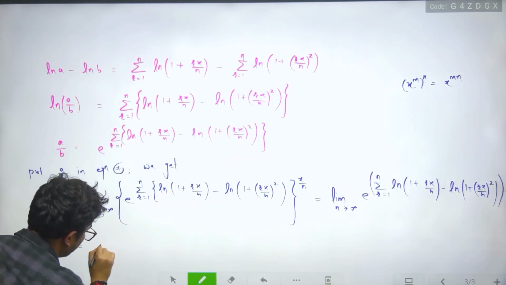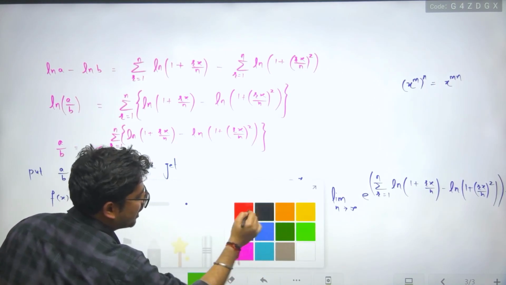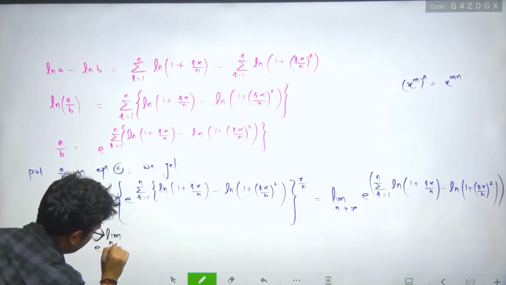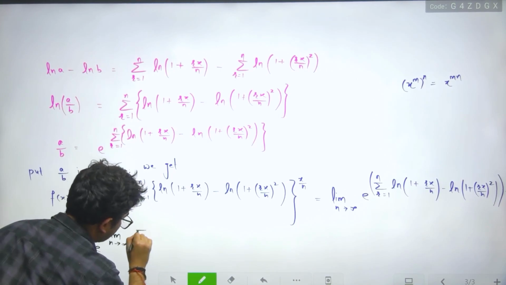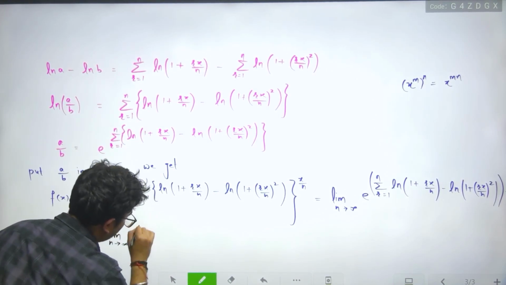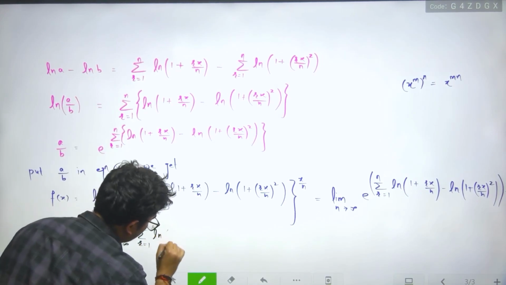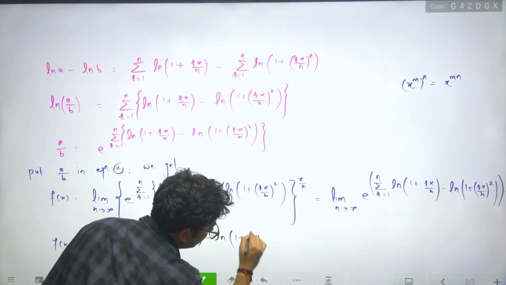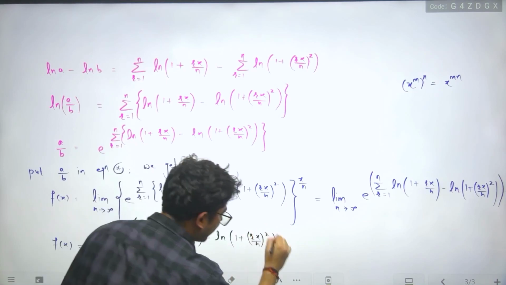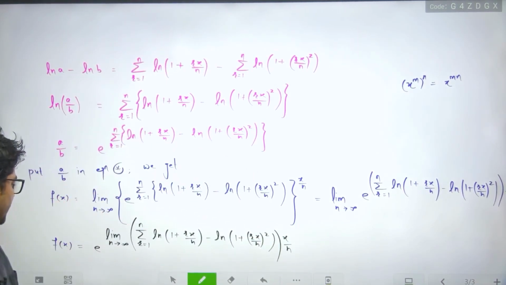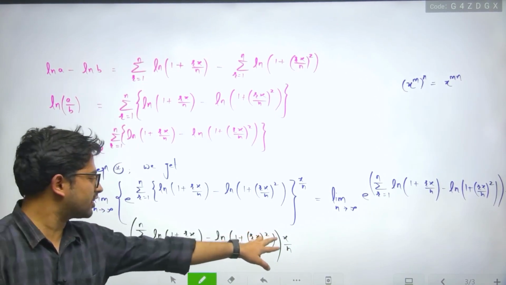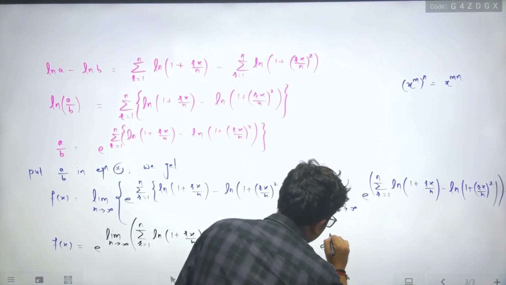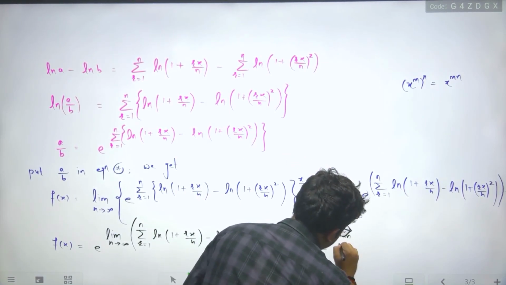So this will become e power limit n tends to infinity, sigma r = 1 to n of ln(1 + rx/n) minus ln((1 + rx/n)^2), into x by n. Now there is no limit on x, so you can take it outside the limit. So this will become e power x limit n tends to infinity.